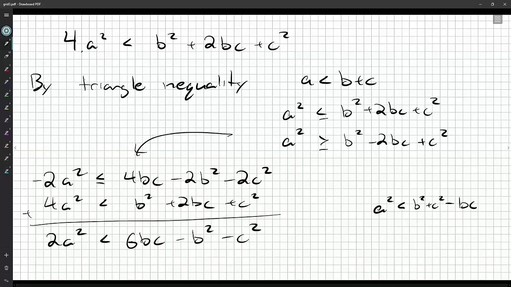I don't think it's going to work because I'm not getting a minus bc anywhere. This is my problem. But I could add a b squared plus c squared to both, or a b minus c squared to both sides. Right? You can always add squares onto the big side of an inequality.